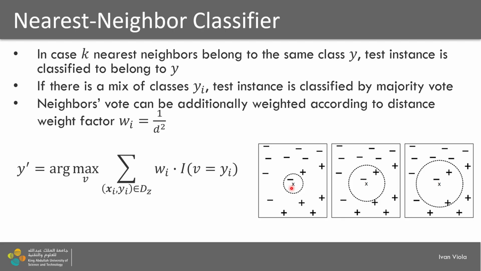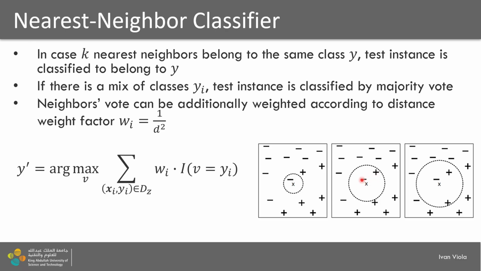But if we change the parameter from one nearest neighbor to two nearest neighbors, then we will have two nearest neighbors, and here we have negative and we have positive.